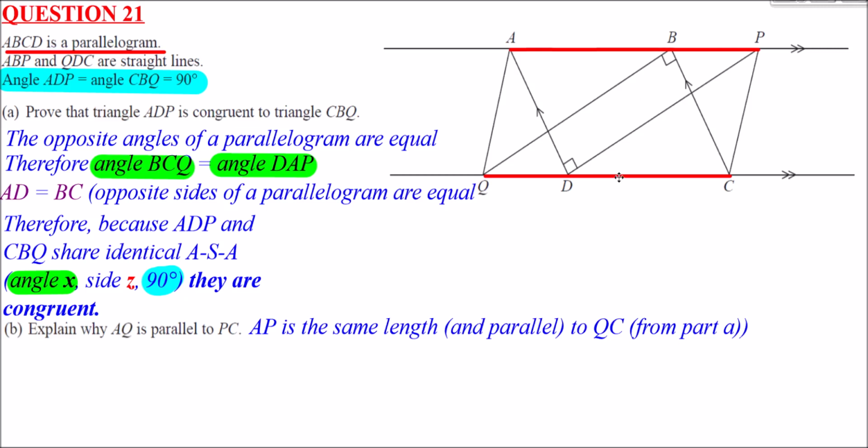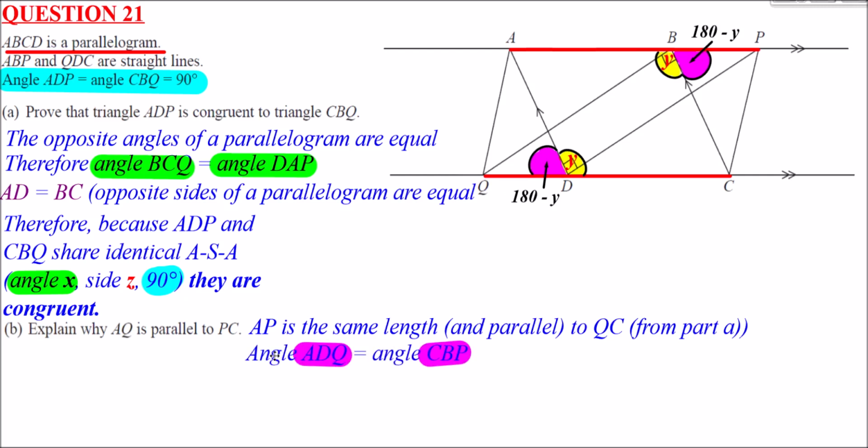So that's the start. Next, going back to what I labelled earlier, these two angles are the same. These are opposite angles of a parallelogram ABCD. Angles on a straight line add up to 180. So if I label these Y, then the angles I've highlighted in purple on the other side will be 180 minus Y. So I've just put there angle ADQ must be the same as angle CBP.